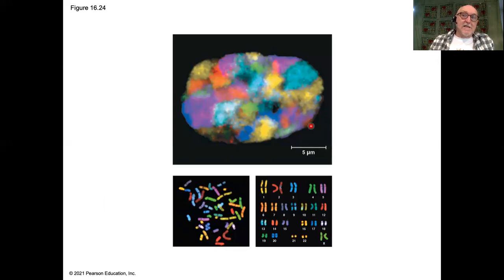You can actually go to the nucleus and stain for particular chromosomes. And this is this marvelous micrograph. You can actually see individual chromosomes. They're each stained differently. And here they are unwound to occupy specific areas of the nucleus.